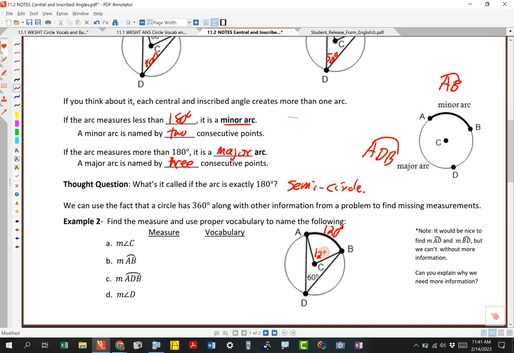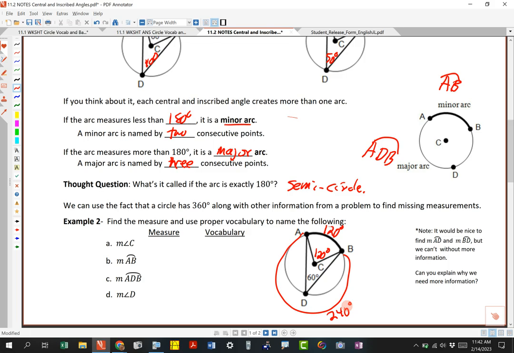That means the central angle is 120. Okay, now, this is going to get to Mason's point in just a second. The minor arc over here is 120. What about the major arc that goes all the way around here? It would be whatever's left of 360, so that would be 240 degrees. Okay? All right, we good with that?